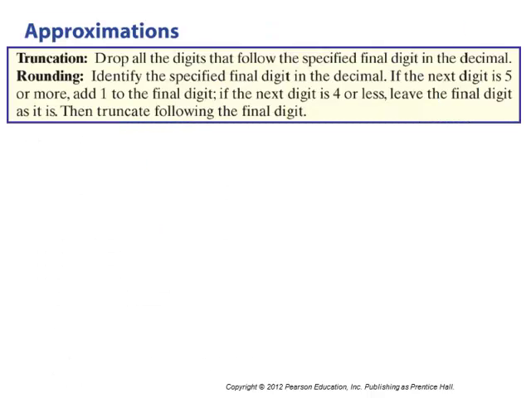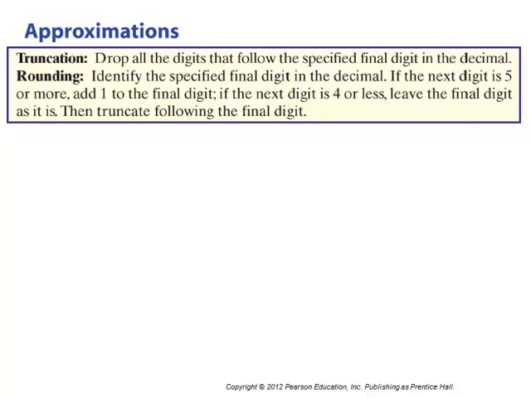Now, when we talk about expressing a number, if you have a decimal with several places, you may only be interested in the first 2 or 3, and then you want to somehow chop it off.